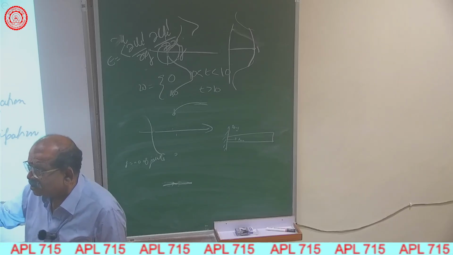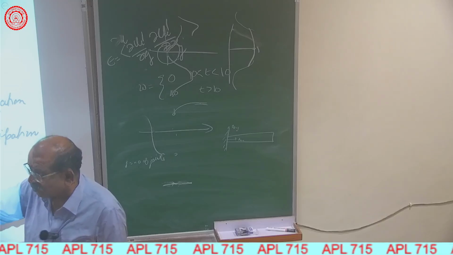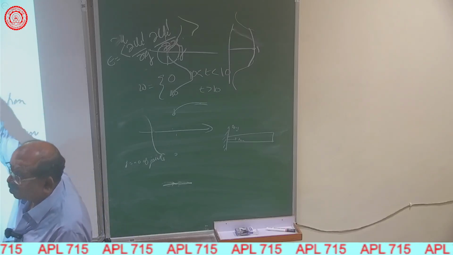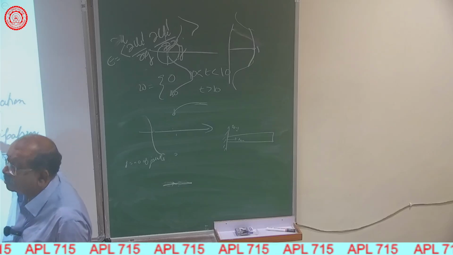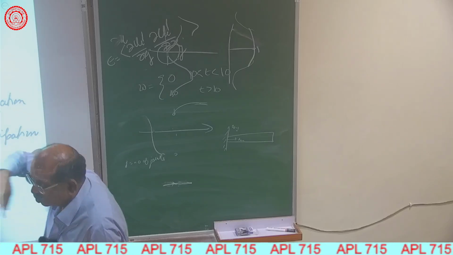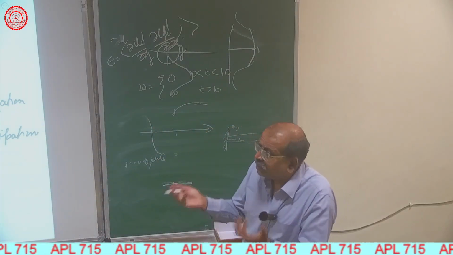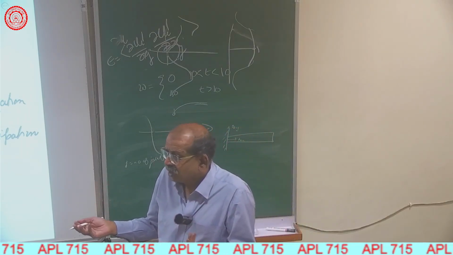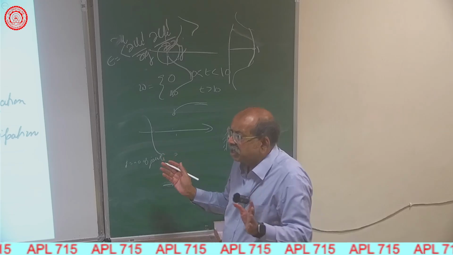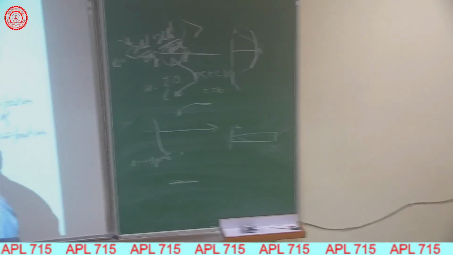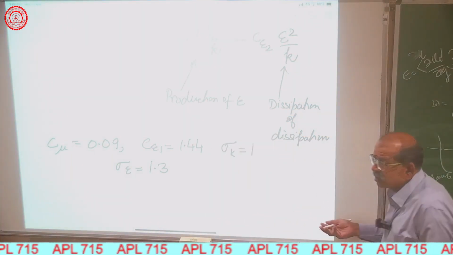The K and epsilon are not something which will be specified. These are solved in the equations, and simultaneously with the mean velocity, because K and epsilon show up in the mean velocity equation also. So you have to put all of these together and solve this set of equations to be able to solve for the mean flow. But given this, you don't need anything more. The only problem here is finding these constants. They may be different for different flows, and that does happen. So that is the K epsilon equation.